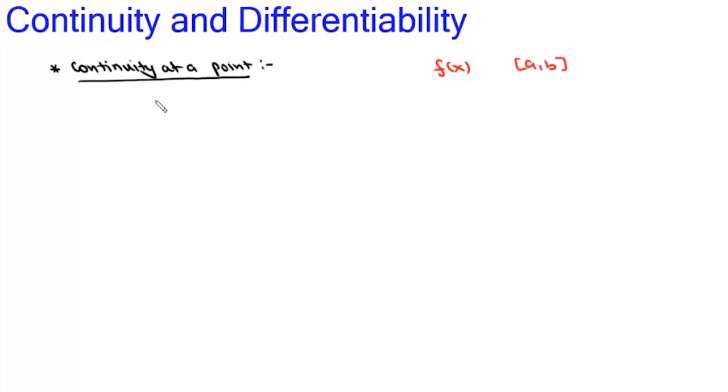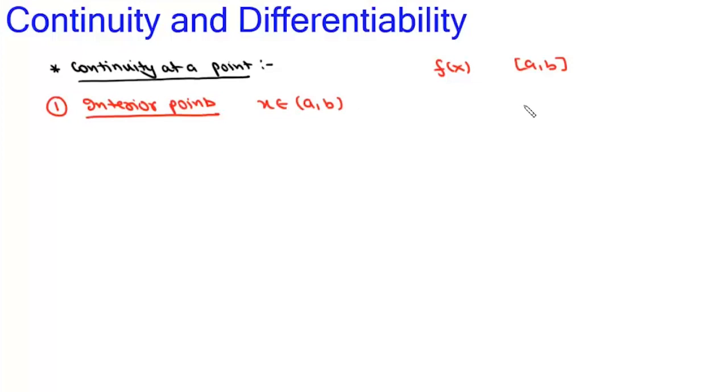In this interval, we will consider three kinds of points. First set of points are interior points. Interior points are the points which lie in this open interval (a, b), so it consists of all the points x which lie in this open interval.